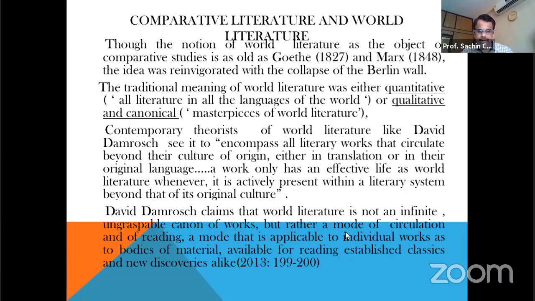And David Damrosch claims that world literature is not an infinite, ungraspable canon of works, but rather a mode of circulation and of reading, a mode that is applicable to individual works as to the bodies of material available for reading, classics and new discoveries alike. And it's also about a mode of reading, which is very interesting, because literary criticism, as we understand it today, is a certain way of reading literature, something that existed in Europe.